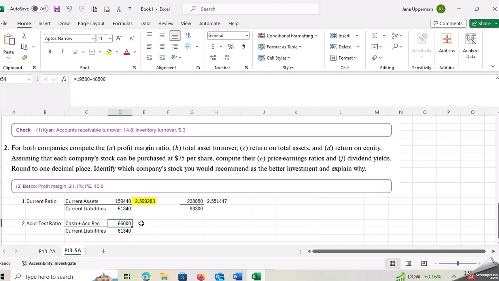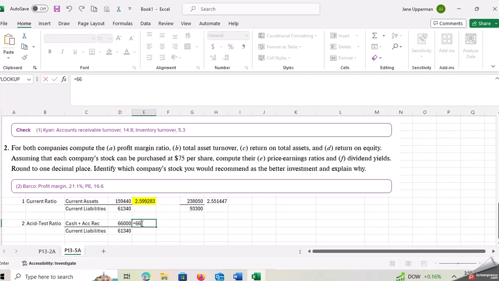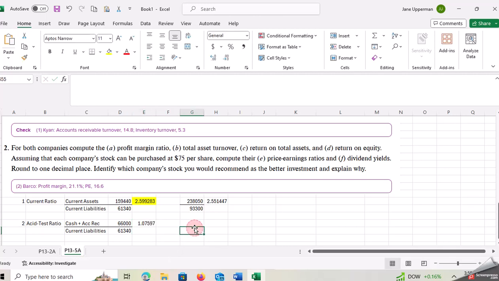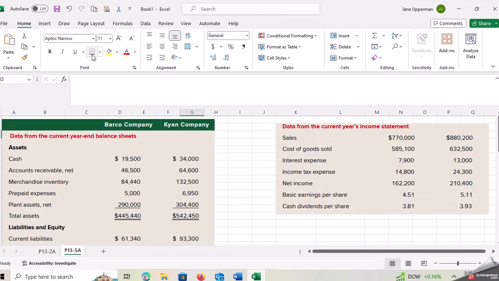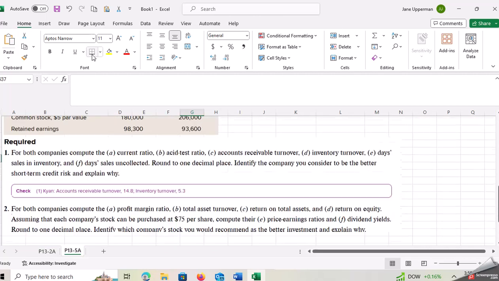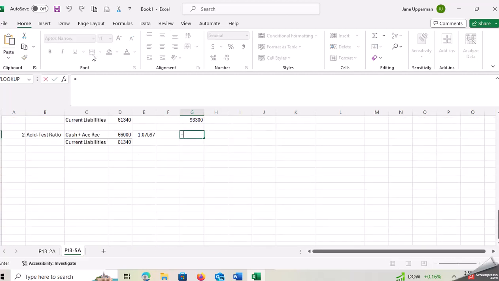So the math of it will take 66,000 and divide that by 61,340, and that gives us a number. Then we'll go up to the next company. They have 34,000 and 64,600.